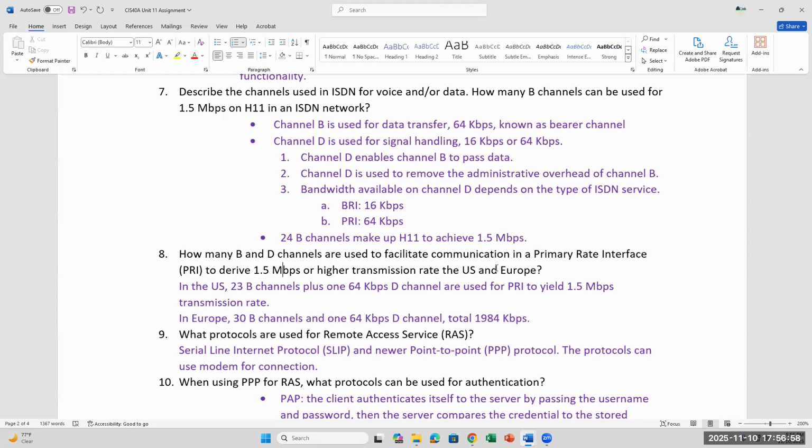If you take 30 times 64 kilobit per second, you get the rate. It tops out a little higher, 1.9 megabit per second, close to almost 2 megabit per second. So in Europe, they are able to transfer a little higher because they have more channels they can use for B. Any question?